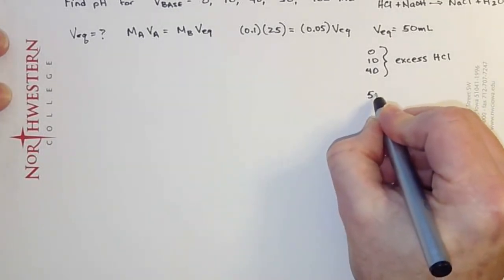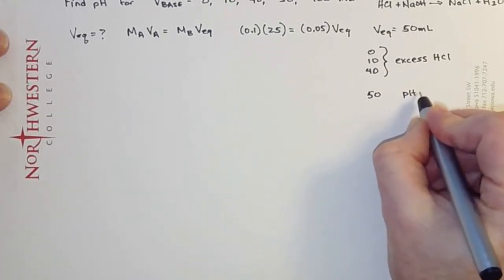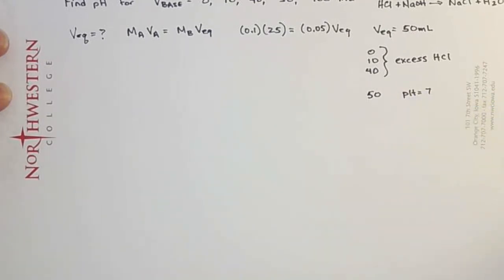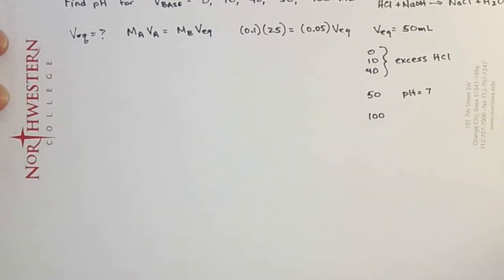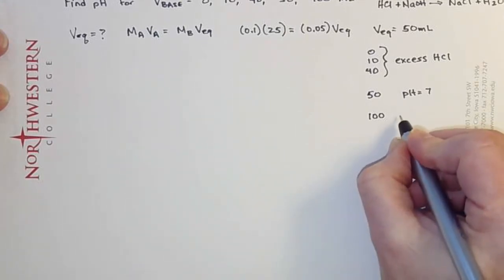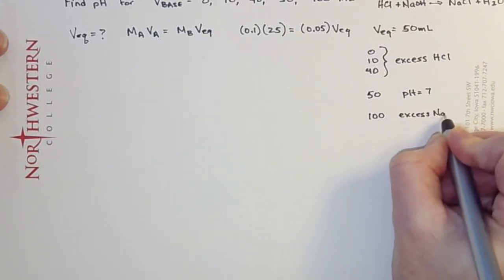At the equivalence volume, at 50, the pH is going to be equal to 7. For a strong acid, strong base titration, the pH is always 7 at the equivalence point. And for a volume of base equal to 100 milliliters, we're going to have to consider excess NaOH.